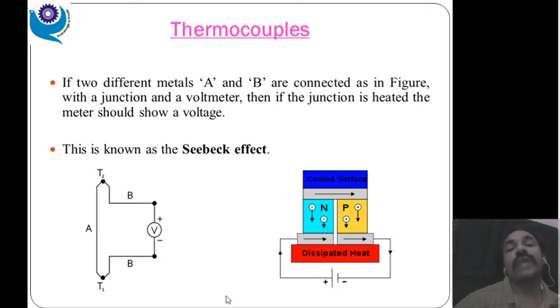Due to that, whatever is the positive voltage source acts as a hot junction, and the negative source acts as a cold junction. Again, there is a temperature difference, and due to this an EMF is induced, and that is called the Peltier effect.